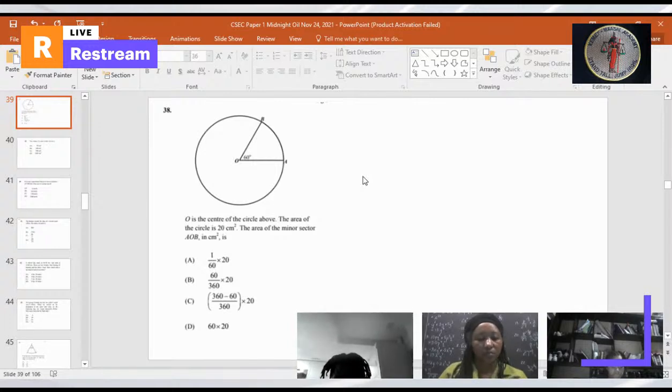The area of the full circle is 20 centimeters squared. So we're going to multiply the full area by the size of the angle over 360, which would be B.